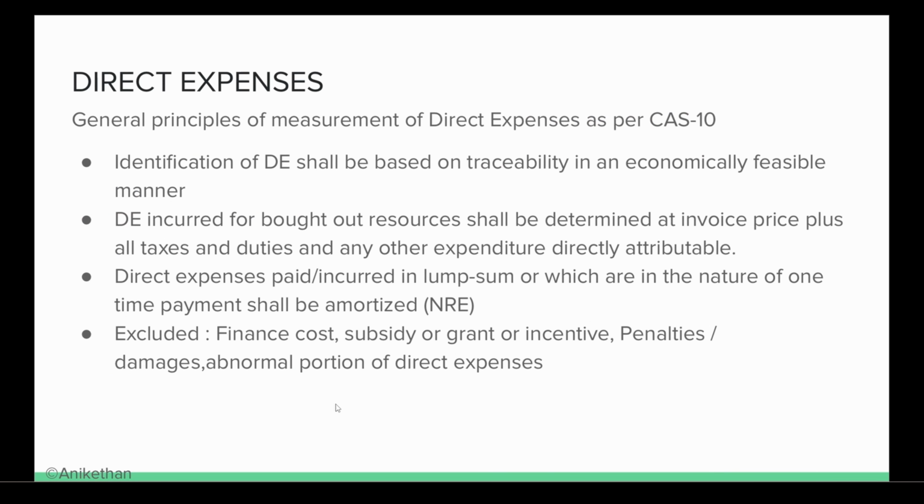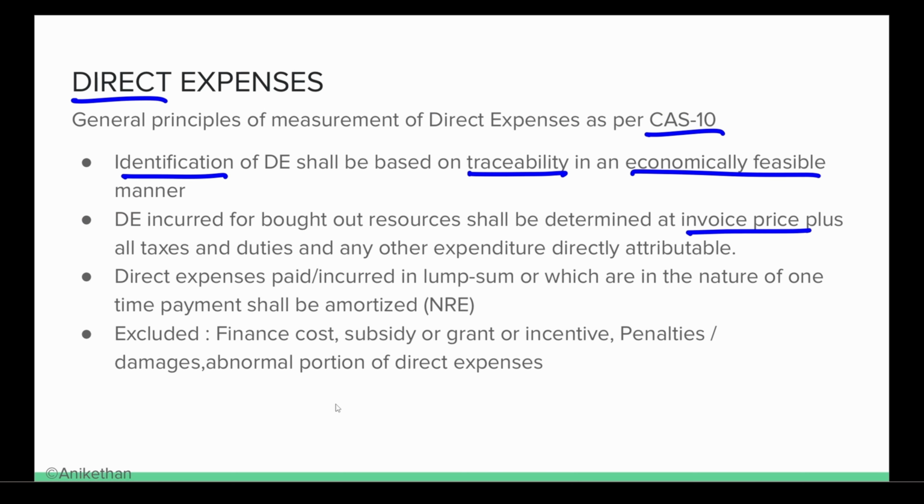General principle of measurement. This is as per Cost Accounting Standard 10. If you get a question, explain direct expense as per CAS 10, these are the important points you should be able to say. One is identification. That is why it is direct. Traceability in an economically feasible manner. Also, whatever direct expenses are incurred, how do you calculate?